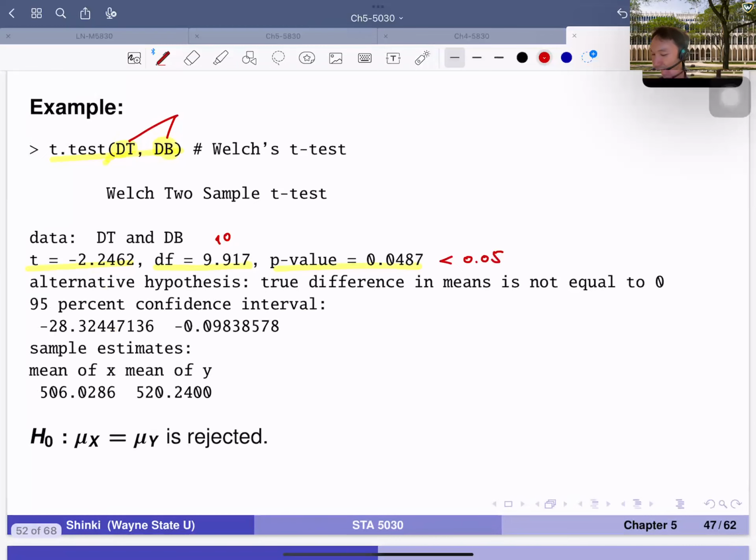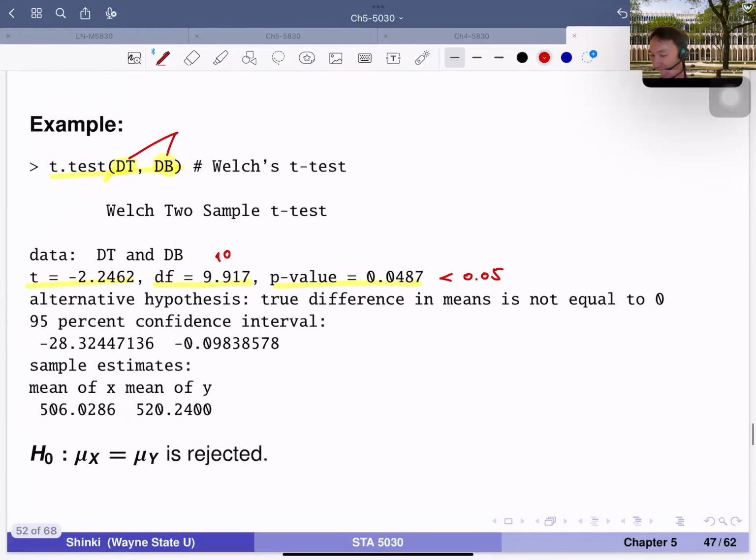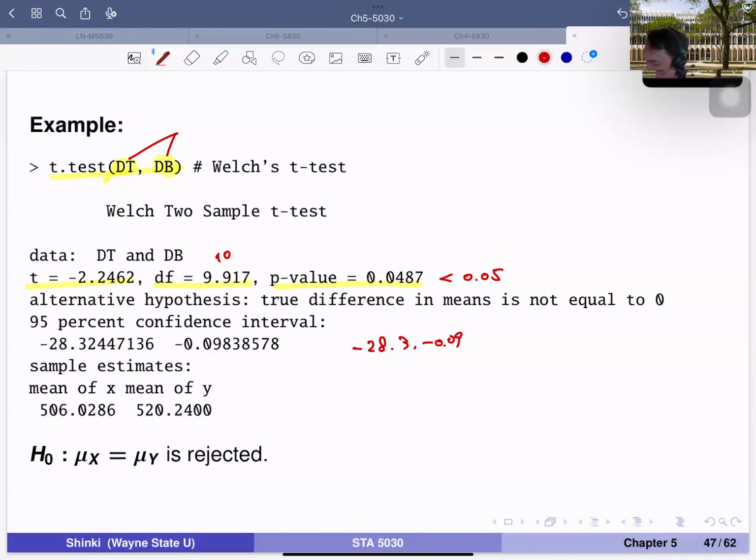And the confidence interval is -28.3 to -0.09. So it does not include 0 this time. So we can say that the difference, mu x minus mu y, is negative.